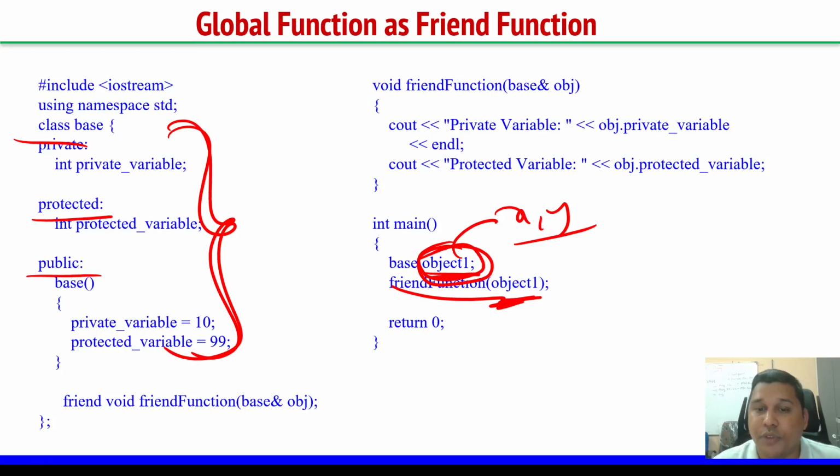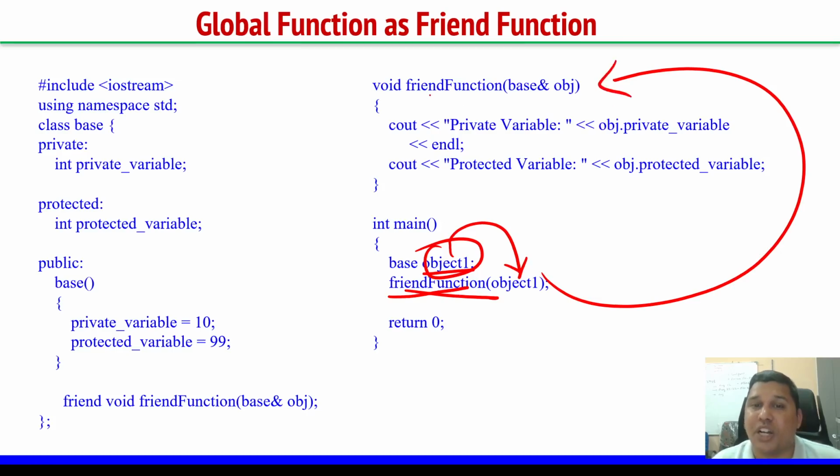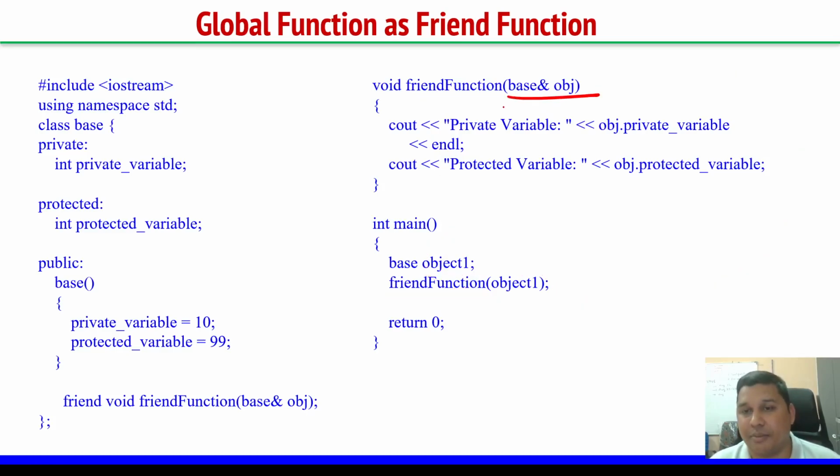Now I am passing that object obj1 as a parameter to a function. Whatever values object 1 is holding, their starting address is being sent to the function. Their reference is being sent here.